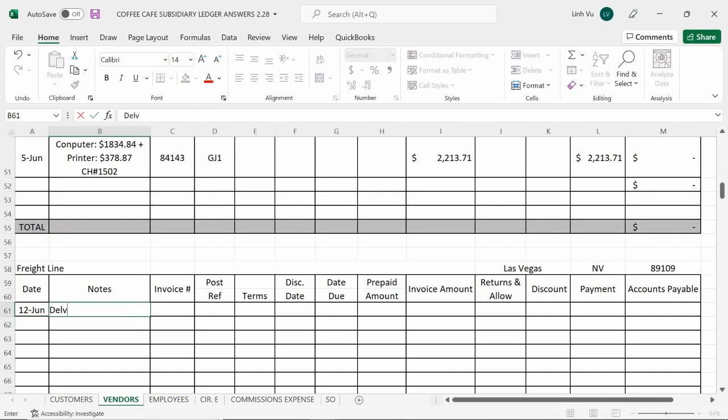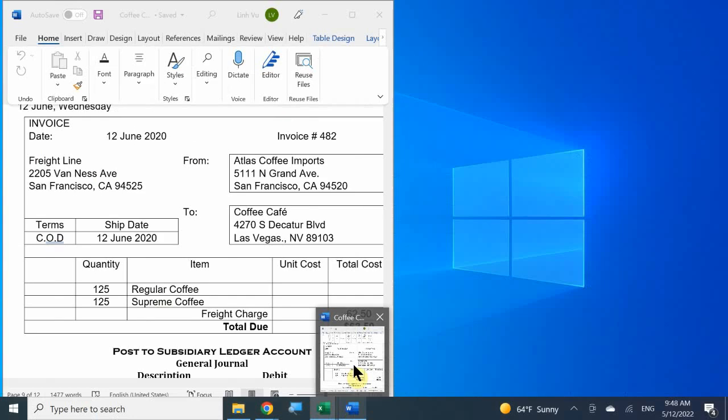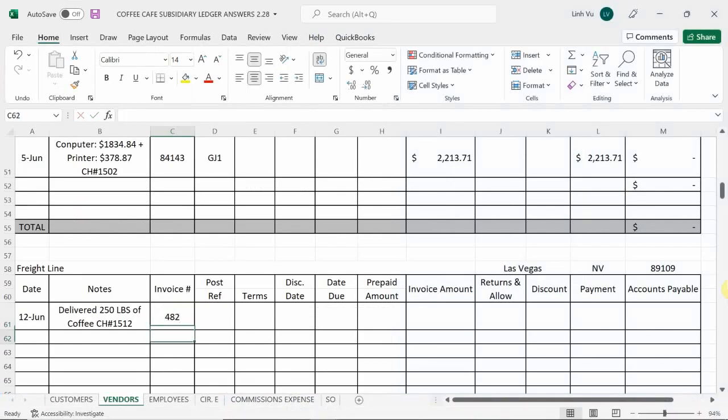They delivered 250 pounds of coffee, right? And I used check number 1512 to pay for it, okay? Invoice number was what, 482? Invoice was 482. So that's proof that they charged me, right?